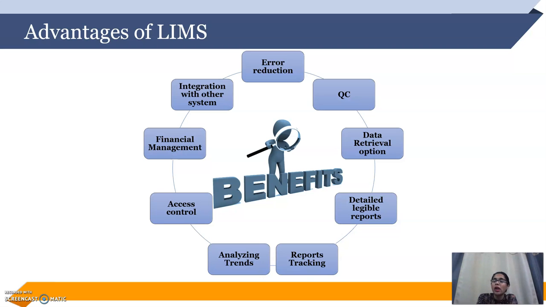Okay, you can very well track the reports, you can analyze the trends, because analysis of trend is something that, if there is a sample and it has got different batch numbers and a lot, and you are carrying out the experiment in different batches of the same sample, whatever the results which are obtained are in the same trend or not.